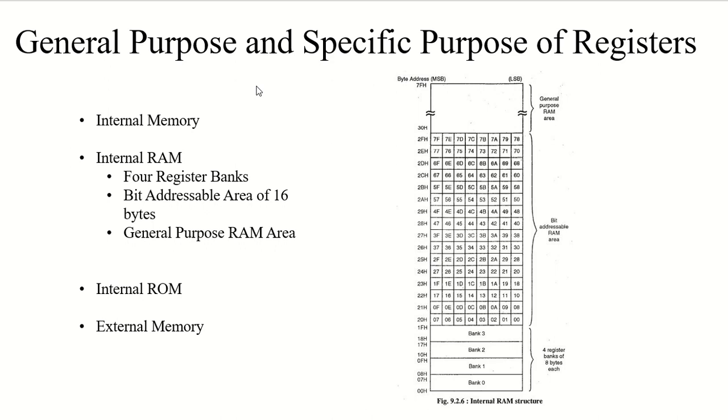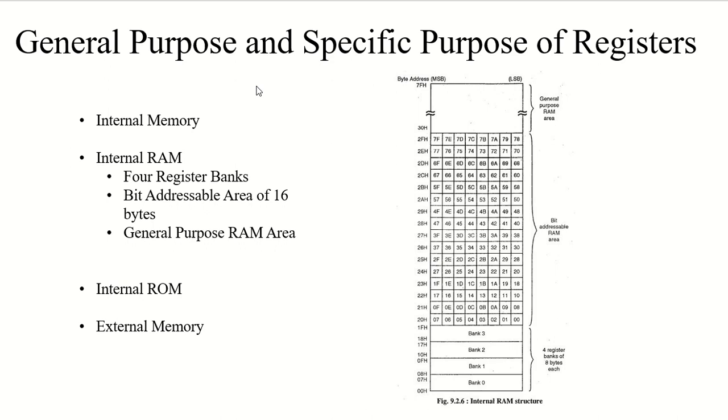But first, let's see the internal RAM. So the 8051 controller has 128 byte internal RAM only. And one more time, remember, this is the old technology, this is not the new technology. So the storage capabilities might surprise you. So it has only 128 byte internal RAM, and the internal RAM is organized in three different areas.